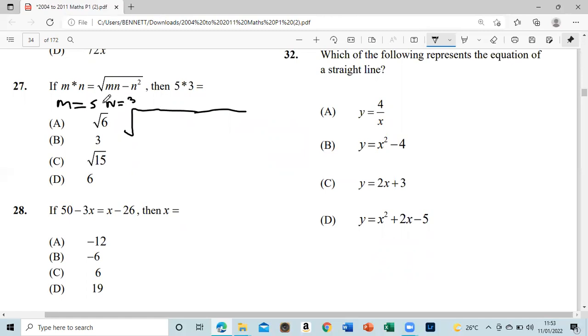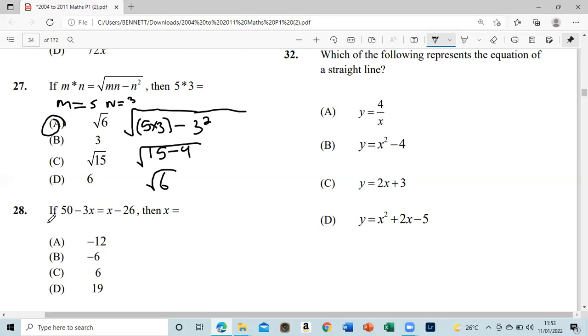So that means multiply 5 times 3. Put it in a bracket if you feel comfortable. Minus n squared, which is 3 squared. All right, so 5 times 3 is 15. Minus 3 squared is 9. 15 minus 9 is 6. And that would be A.